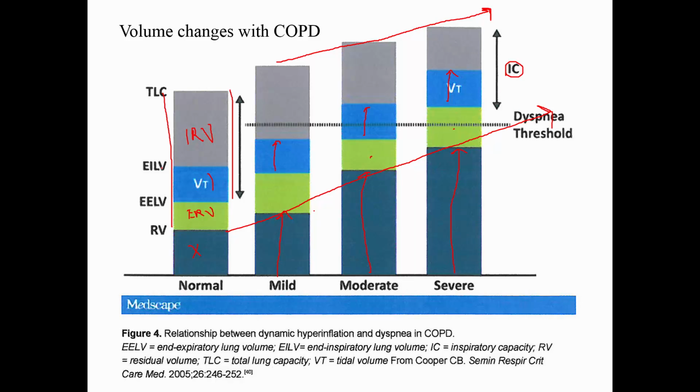And notice as they reach more and more air that they cannot blow out, they're experiencing dyspnea. Dyspnea means shortness of breath or difficulty breathing or feeling breathless. So this person may have high CO2, which would contribute to that.